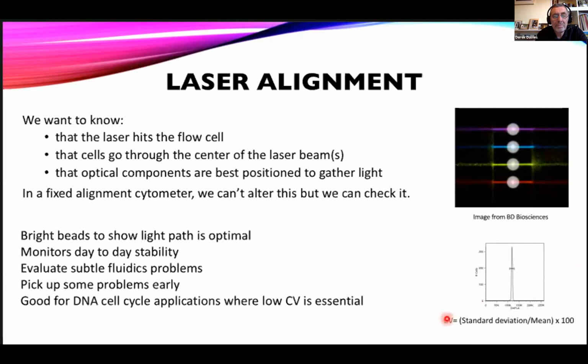So if I run beads at regular intervals, which could be weekly or daily, and some people will even run a QC immediately before their experiment, that gives me the chance to monitor the day-to-day stability of my cytometer, which hopefully allows me to pick up problems before they become too big. And in some applications, particularly DNA cell cycle analysis, we really want to make sure our cytometer is performing as well as it can.